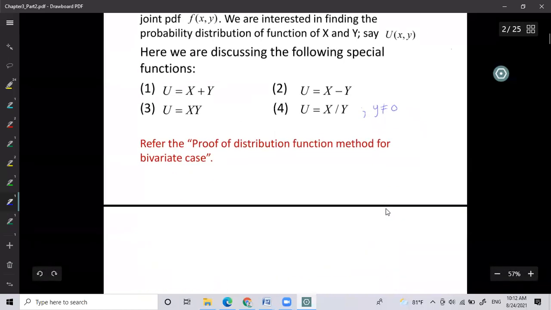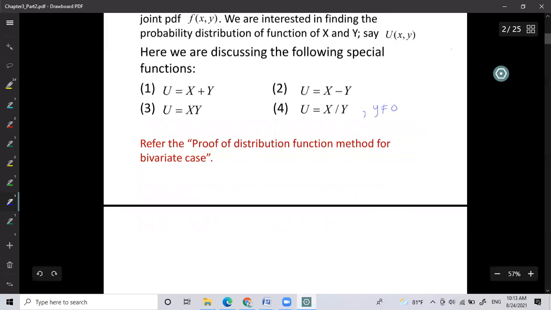First, let's start with u equals x plus y. Whether it is x plus y, x minus y, the product or the quotient, these are the steps we have to use. So I'll start with the steps first.